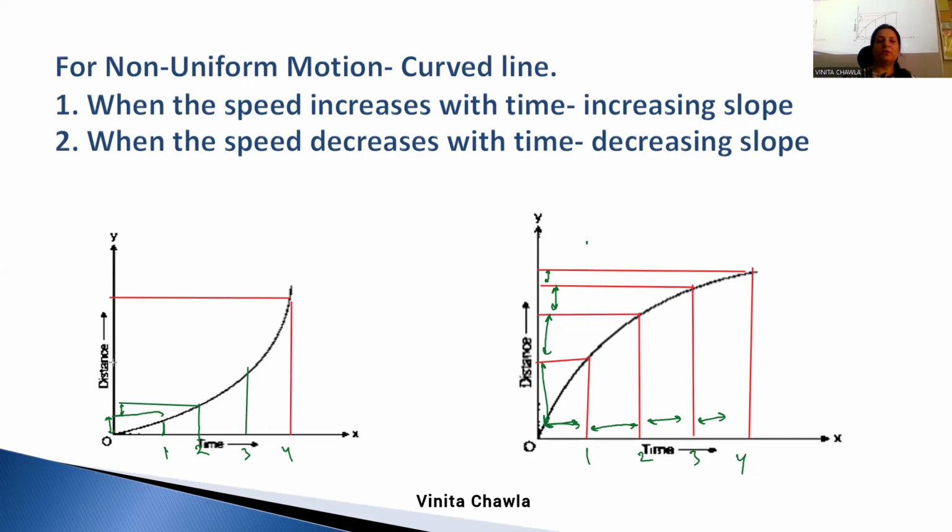In 3 seconds the object has covered this distance. In 4 seconds the object has covered this distance. So this shows increasing slope, because distance covered between 2 to 3 seconds is less, and between 3 to 4 seconds the object has covered greater distance. It is moving faster and therefore it has covered greater distance. So greater distance means it is moving faster, so here speed is increasing, and here speed is decreasing.